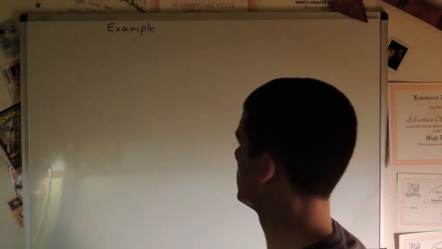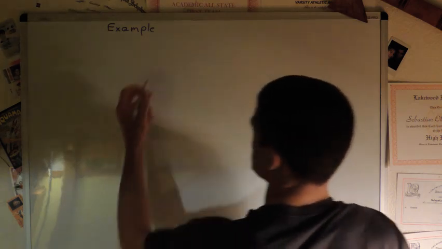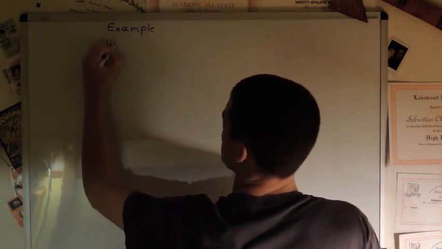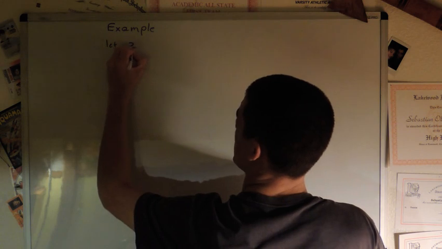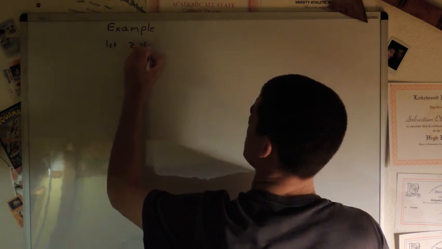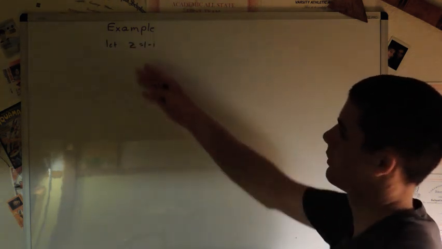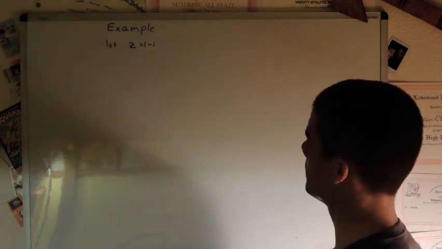So now I'm going to run through an example. Let z, the complex number, equal 1 minus i. How would I express this in modulus argument form?